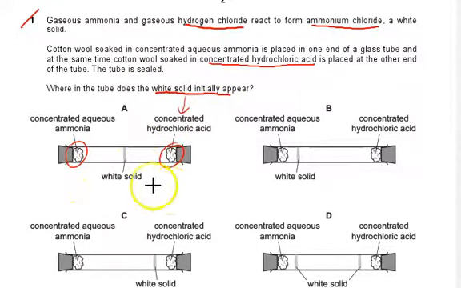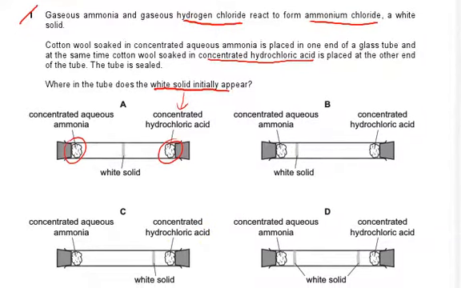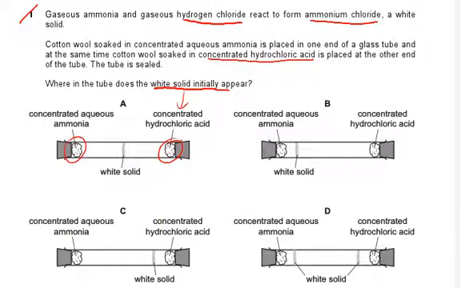Over here they are discussing the diffusion rate. The diffusion rate is influenced by the masses. Ammonia is NH3 and hydrochloric acid is HCl.